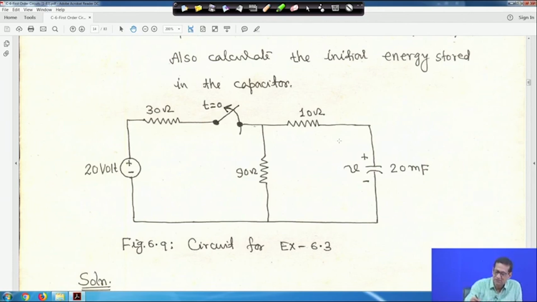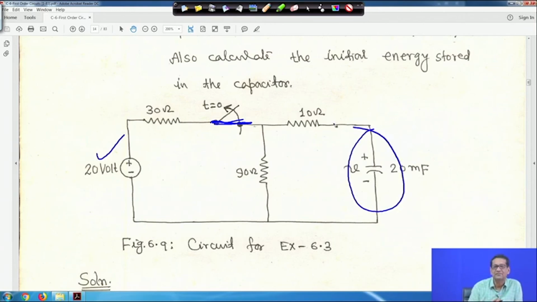If the switch is closed for a long time, then at t equal to 0 the switch is just opened, otherwise it was closed. If the switch was closed for a long time, you know that for the DC supply the capacitor will behave like an open circuit, right. So these two terminals will act as an open circuit.